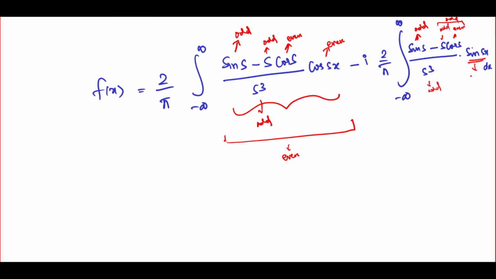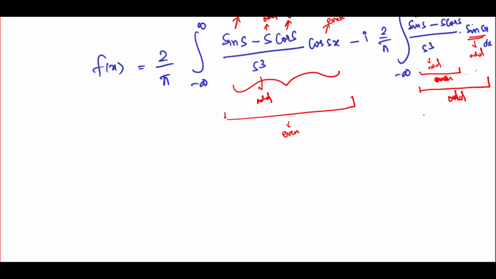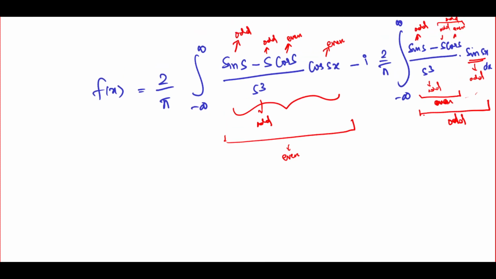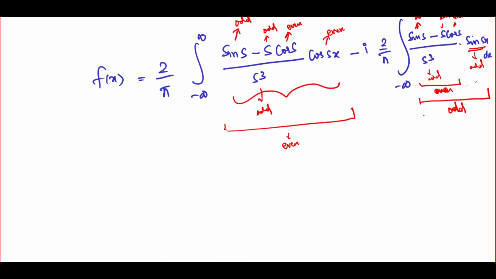But this term, which was an even function, gets multiplied with an odd function, so altogether it will become an odd function. Hence what's happening over here is this integration, since it is from minus infinity to plus infinity, I can right away write this complete integration goes to 0.